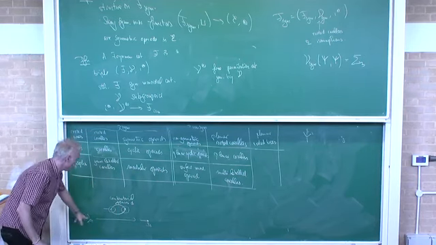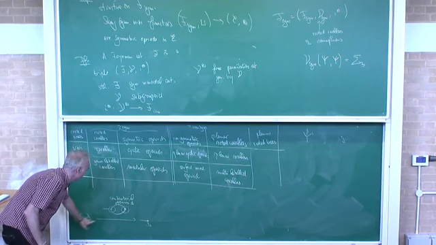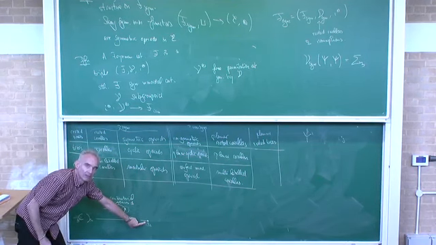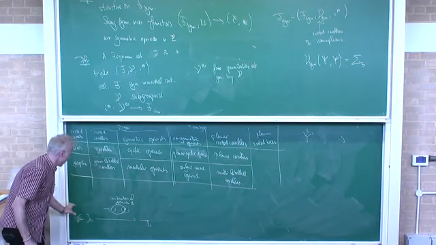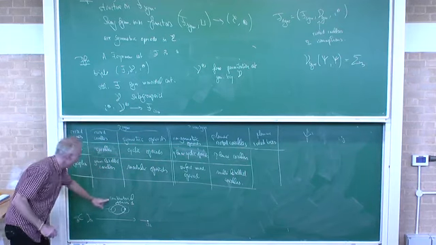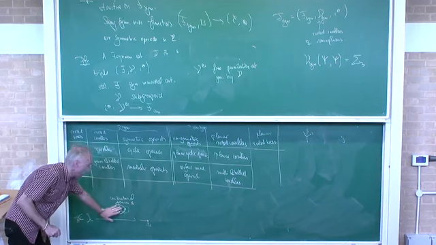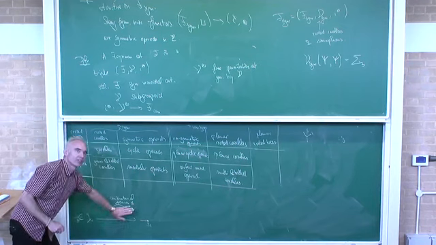And what must be true is that G1 plus G2 plus 1 is equal to G3. So in this way, you somehow keep track of the graphs which occur as morphisms.